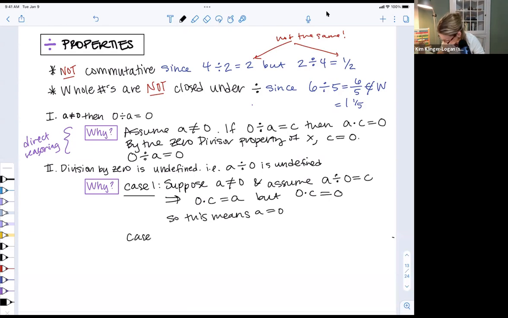In our second case, well, we started off by assuming A was not 0, so we have to worry about the other case where A is 0.